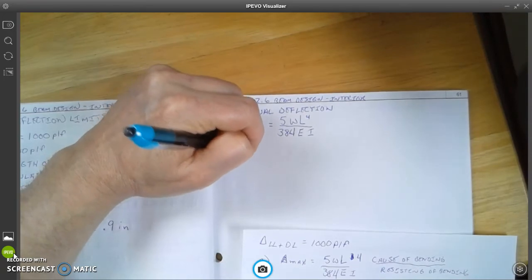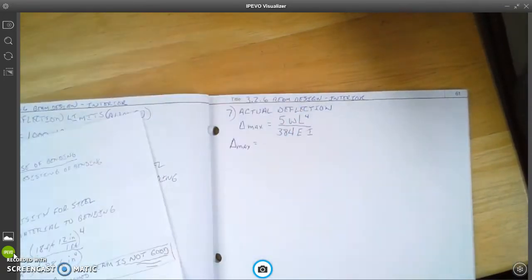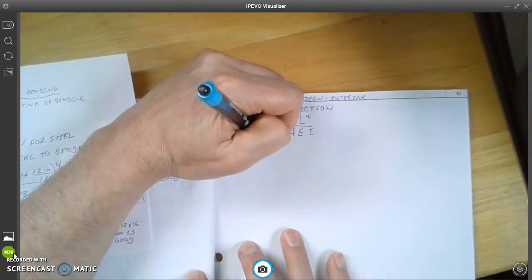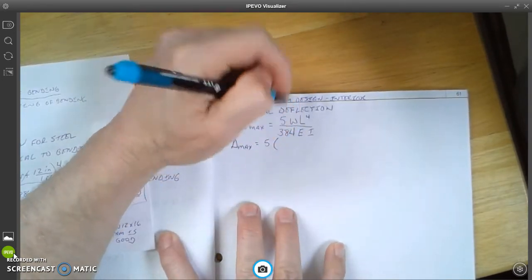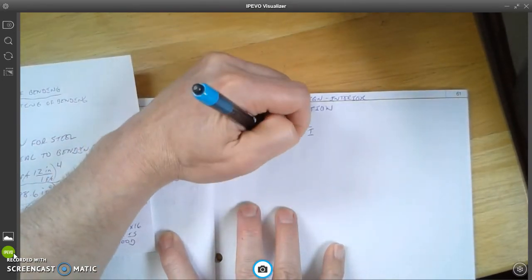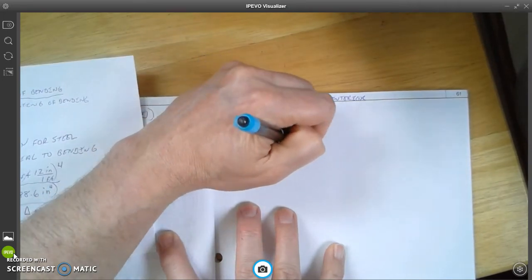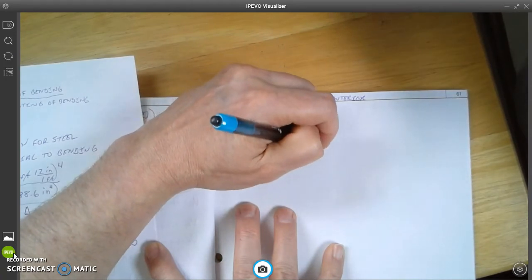Delta max is equal to 5 times the distributed load, which is 1,000 pounds per foot.